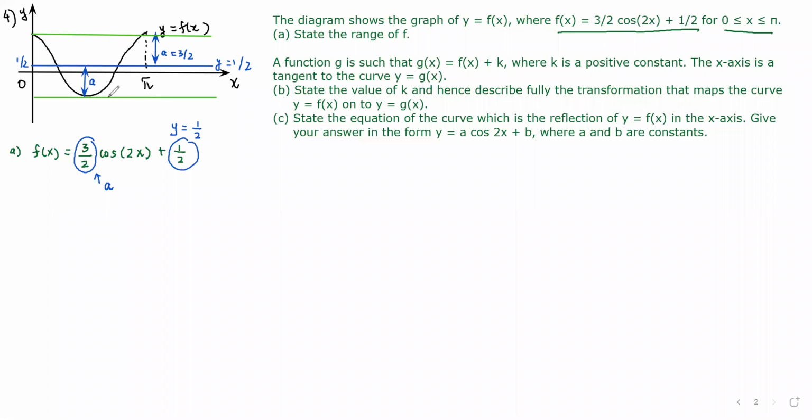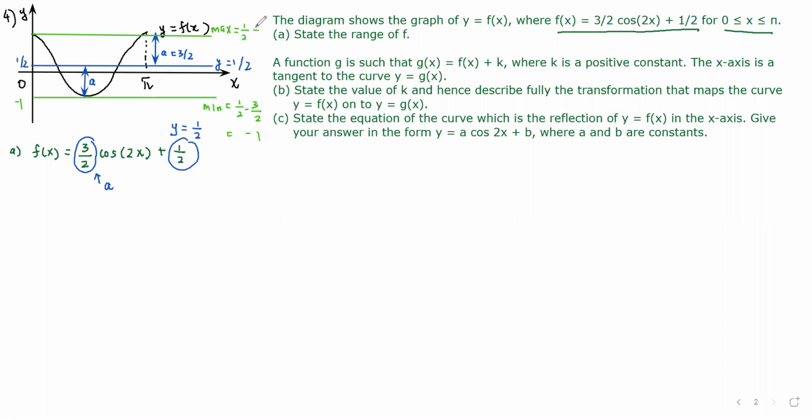So the minimum value is 3 over 2 below 1/2. Then this minimum would be 1/2 minus 3 over 2, and that is -1. And the maximum is 3 over 2 units above 1/2.